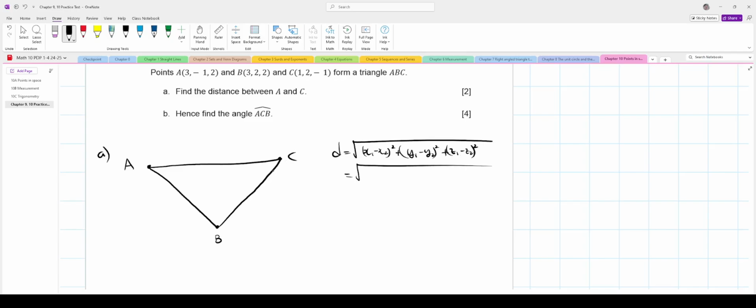So that's going to be, point A is 3, -1, 2. And the point C is 1, and then 2, and then -1.